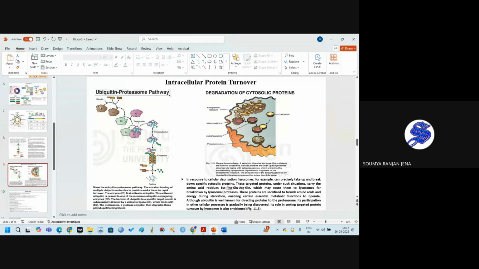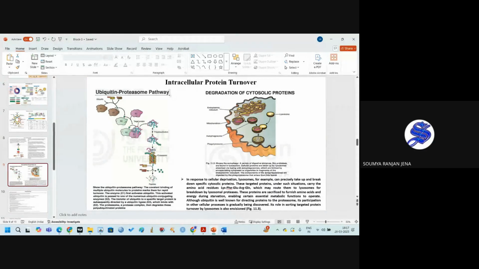After the E1 ubiquitin complex is activated, it will transfer the ubiquitin molecule to E2, because E3 is a ligase and it will detect only the E2 ubiquitin complex, not the E1 ubiquitin complex.